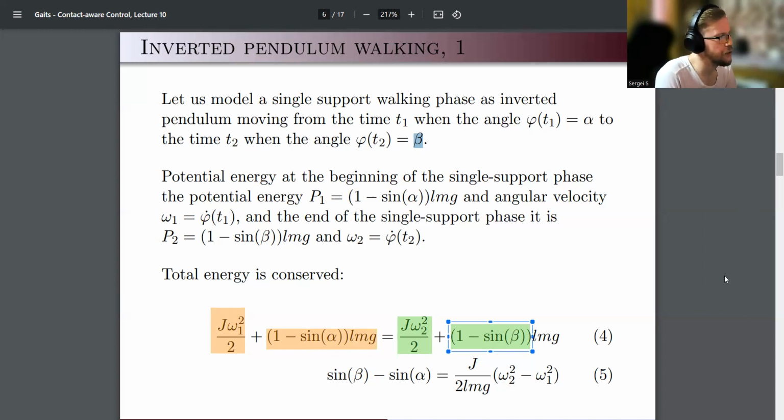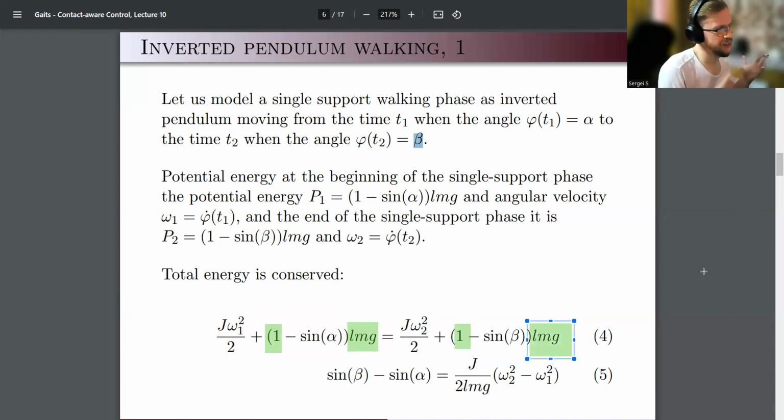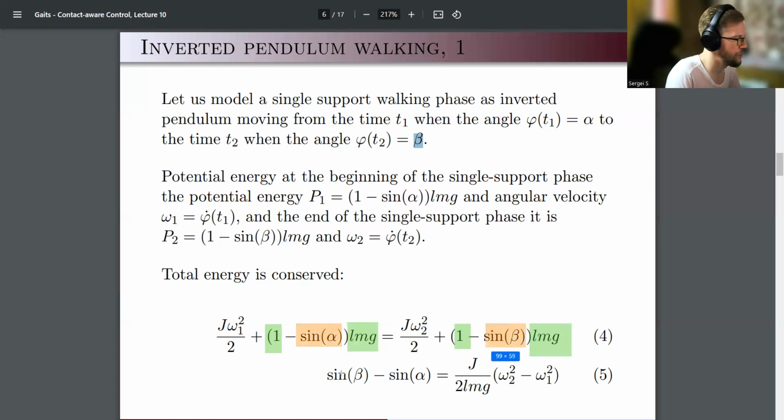Okay, now let me observe that we have this component, which is the same on the left and on the right, so it cancels out. Without it, we have minus alpha, minus beta on both sides. We can move them to the left-hand side. So this we can move here.